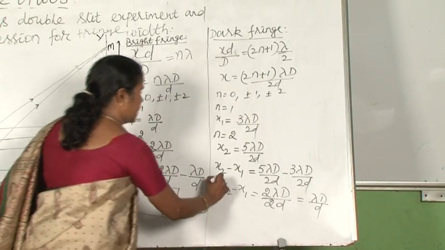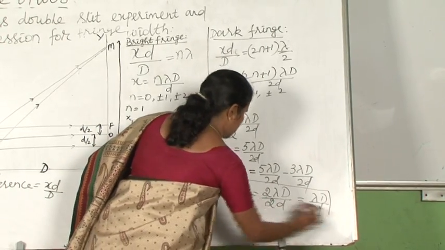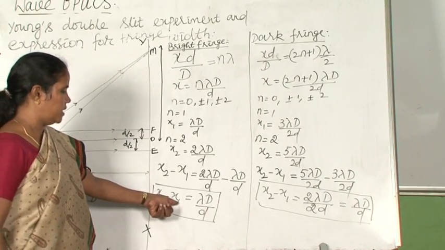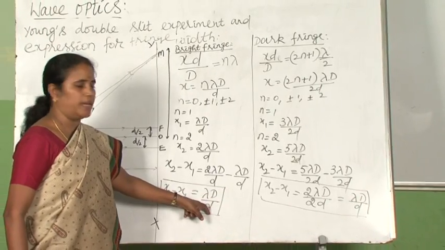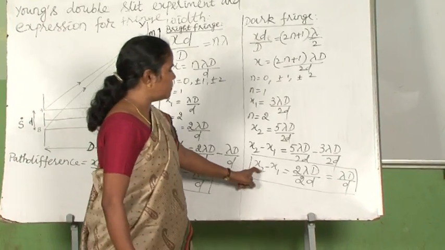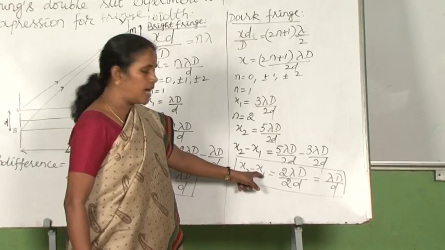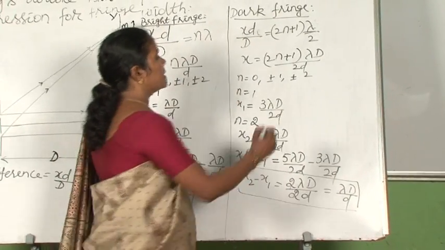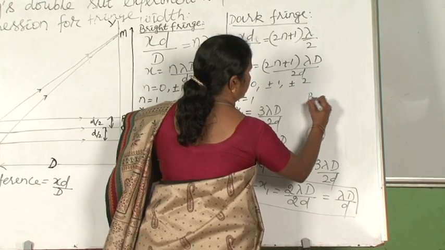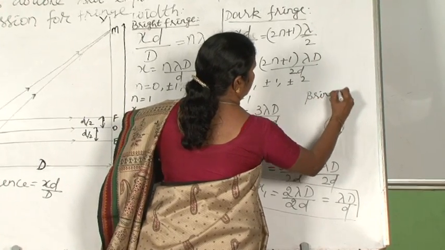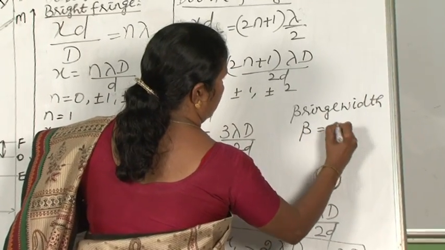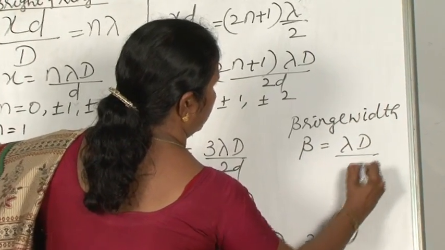So now we can see that the distance between two consecutive bright fringes is lambda D by d, and again the distance between two consecutive dark fringes is lambda D by d. This is called the fringe width. The fringe width beta is lambda D by d.